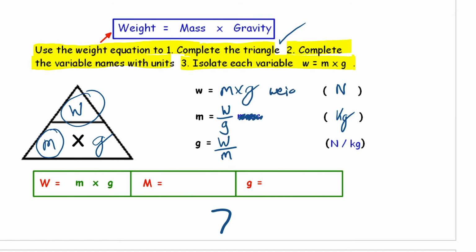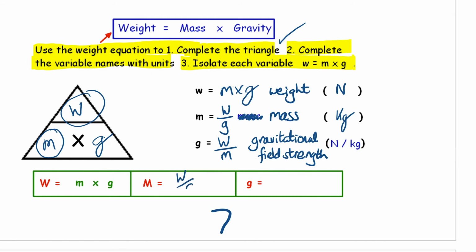We'll write down weight next to that one, mass next to that one, and here, rather than write down gravity, let's write out gravitational field strength. So a little bit of a mouthful, but it is the correct name for that variable G. Let's complete these. There we go. And W over M. It wouldn't harm writing it down twice as we got there.